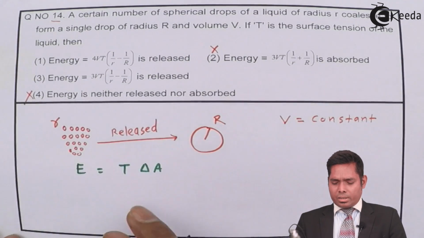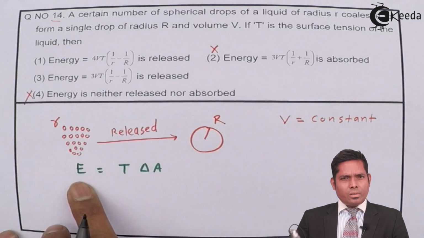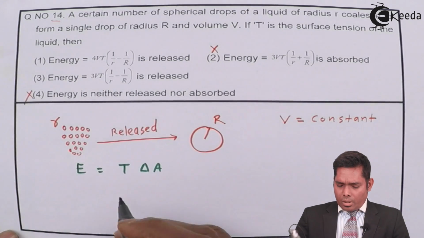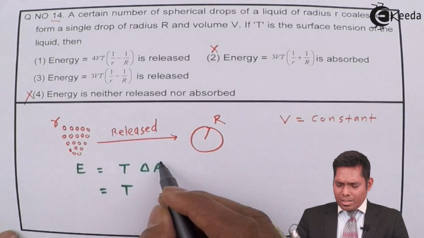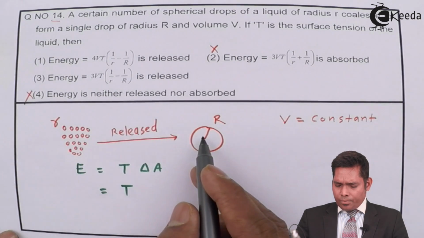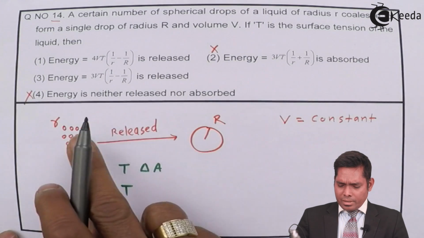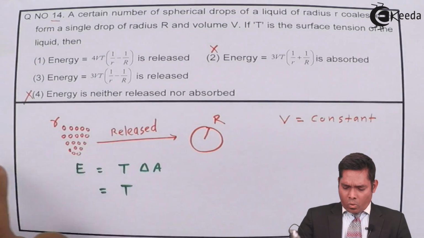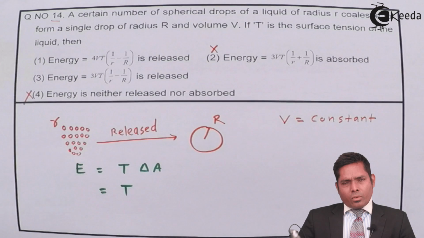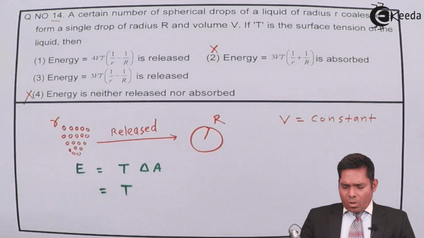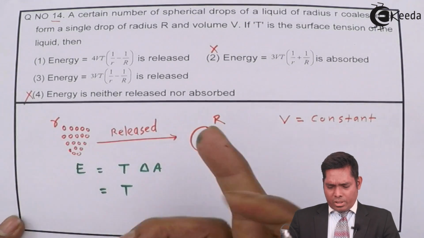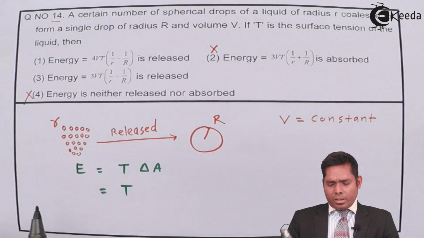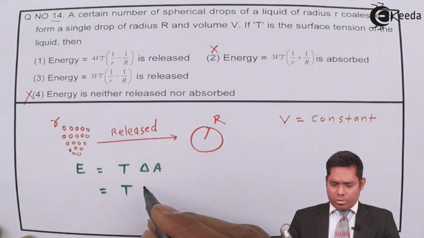How much work is done, that is the energy. T is the surface tension, and delta A is the change in area, that is the final area minus the initial area. I know that energy is released, so I will directly write the larger area minus the smaller area, because I already told you that the energy is released.